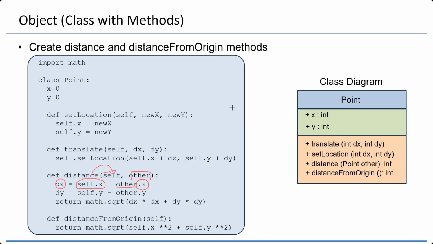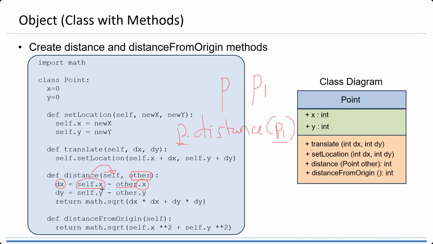If I want to know the distance between P and P1, so I can call the distance, so P dot distance P1. It means I'm going to check the distance between P and P1.